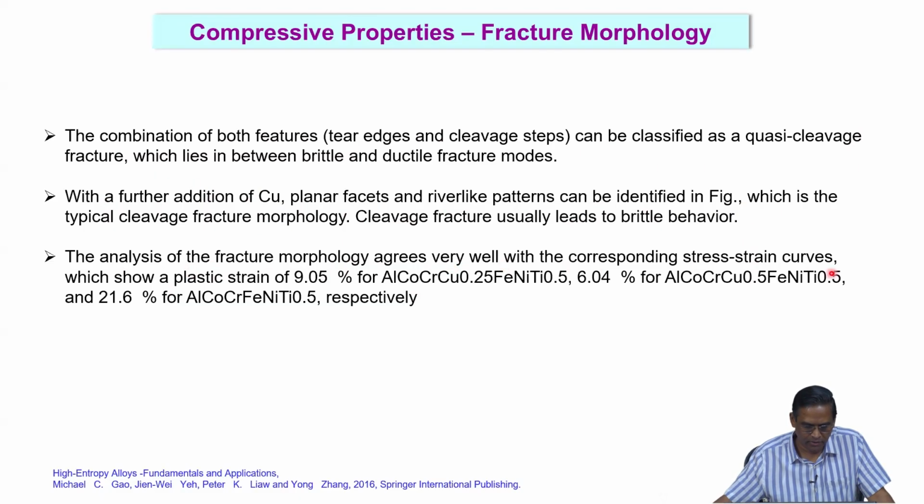So, the analysis of the fracture morphology agrees very well with the corresponding stress strain curves, which show a plastic strain of 9.05% in one aluminum, cobalt, chromium, copper, iron, nickel, titanium alloy, and 6.04% for another, and it is very high at 21.6% for the aluminum, cobalt, chromium, copper, nickel, titanium alloy.